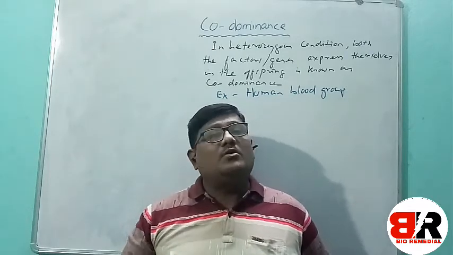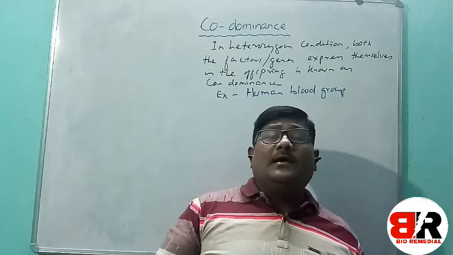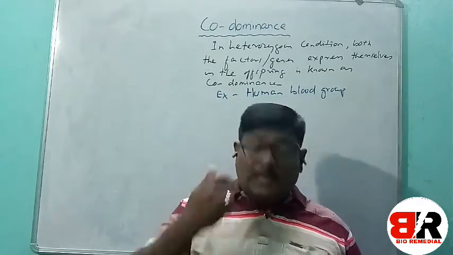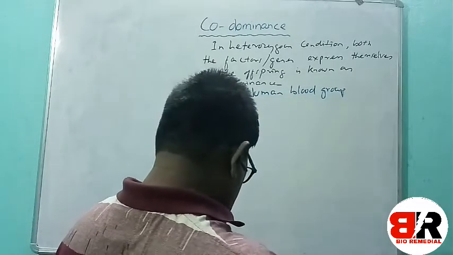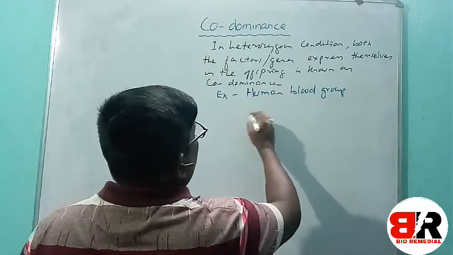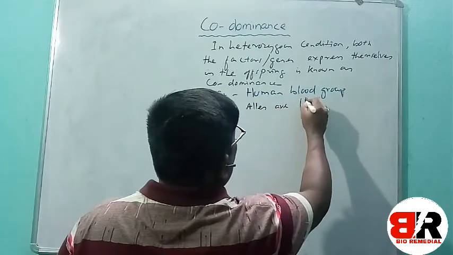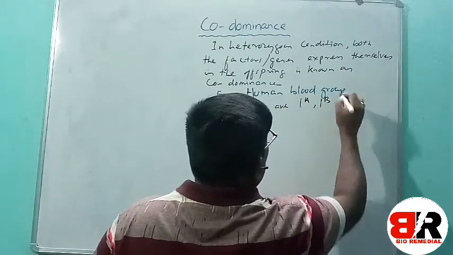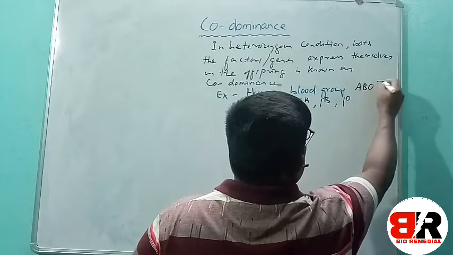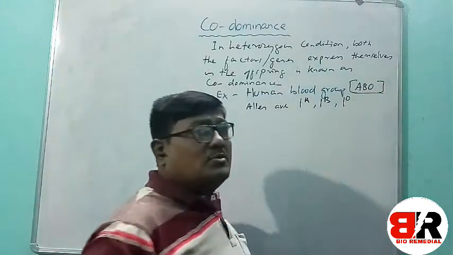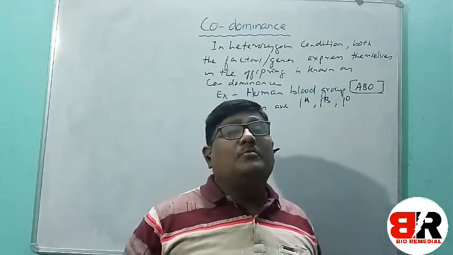The gene I actually controls the human blood group, and the gene I has three forms of alleles: IA, IB, and IO. These three alleles control the human blood group, known as the ABO blood group system.